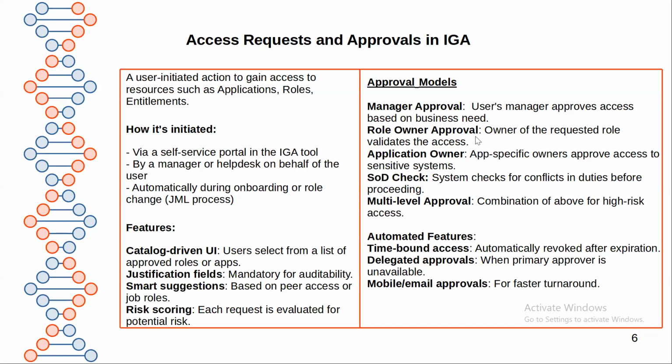Another type of approval model is role owner approval. Owner of the requested role. Now let's suppose you are asking for one of the administrator roles on one of the Windows servers where you do not have the access. Who is the owner of that particular Windows server?